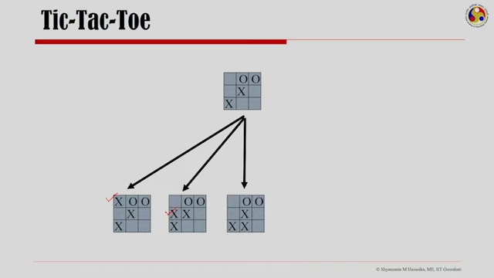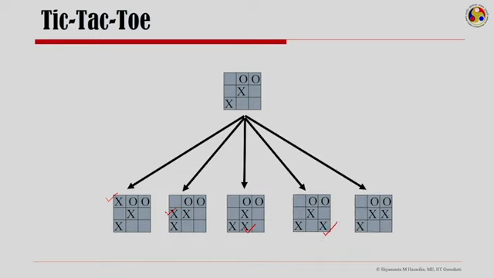There is a possibility of Max putting his cross here and at this location or at this location. So, we have 5 possibilities for Max in this current scenario. The question is, which is the best move for Max to go from here?